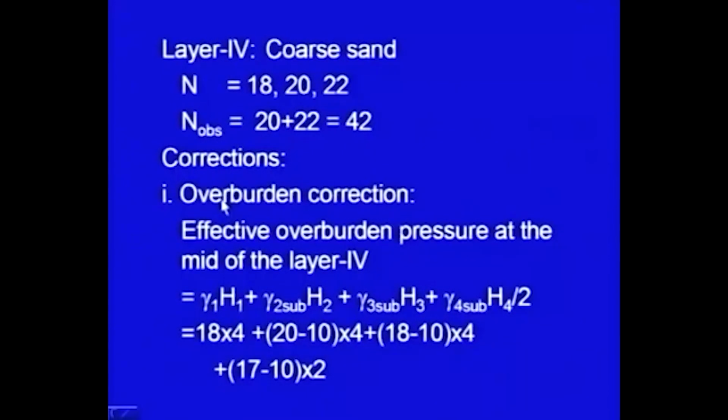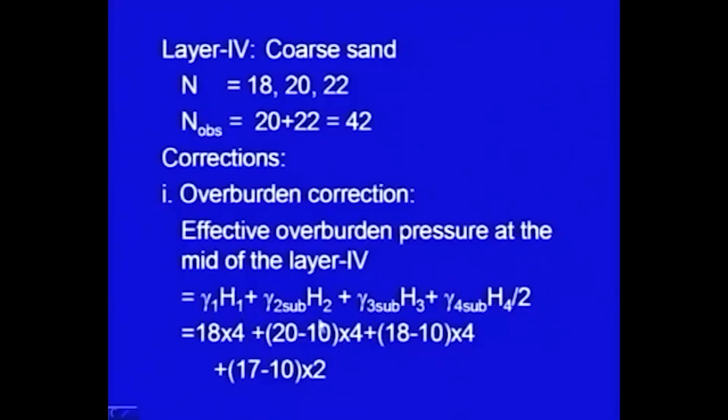Apply the corrections. Overburden correction. Again we calculate the effective overburden pressure at the mid of layer 4. It will be gamma1 into H1 plus gamma2 submerged into H2 plus gamma3 submerged into H3, and now for the fourth layer, gamma4 submerged into H4 upon 2 only.